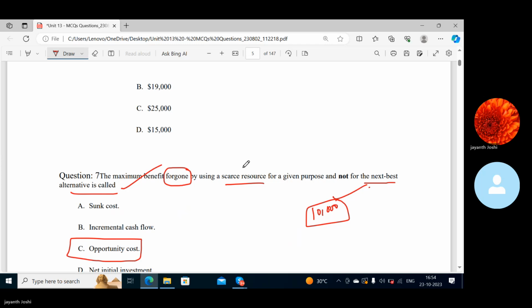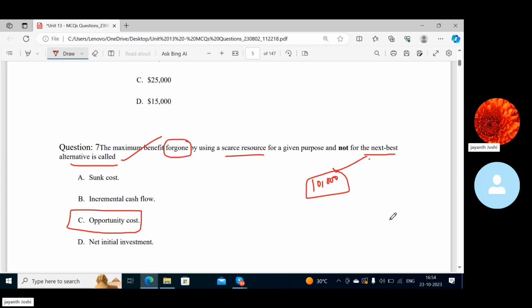So you are only leaving it because you want to put it in the best one and not for the next best alternative. You're putting it into the best project.